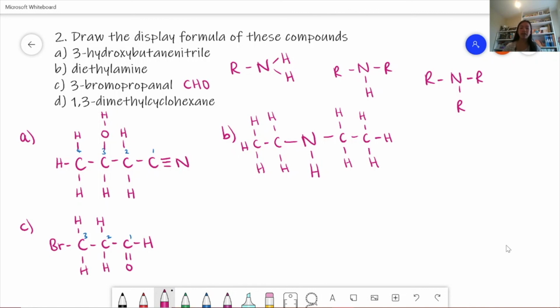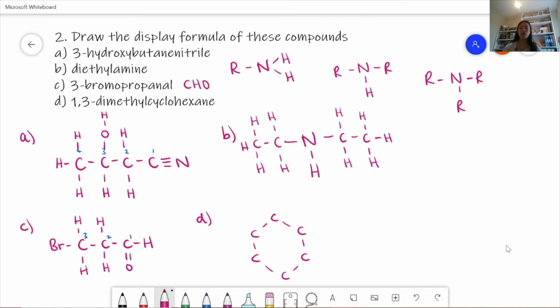And then for D, we have 1,3-dimethylcyclohexane. So firstly, we draw cyclohexane. Cyclohexane is just 6 carbons, but in a sort of circular shape. So it would be a hexagon because you've got 6 of them. And so we have 1, 2, 3, 4, 5, 6, and these are all bonded together.